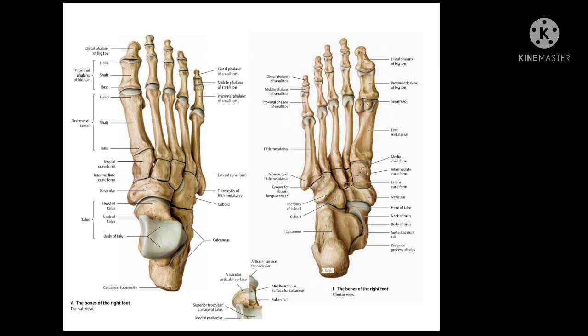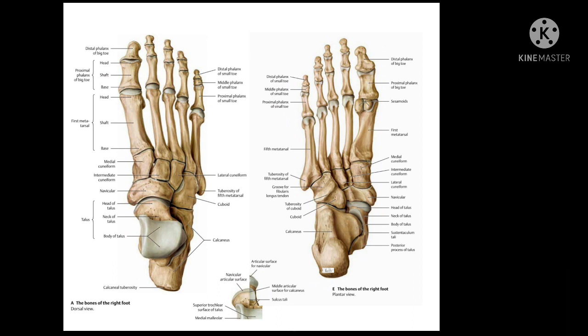consisting of 2 for the great toe, namely proximal phalanx and distal phalanx, and 3 each for the other 4 toes, namely proximal phalanx, middle phalanx, and distal phalanx. So altogether the tally of phalangeal bones in the feet goes up to 14.